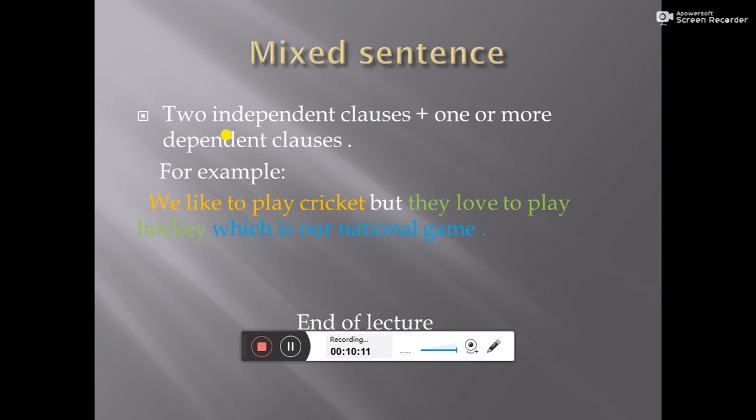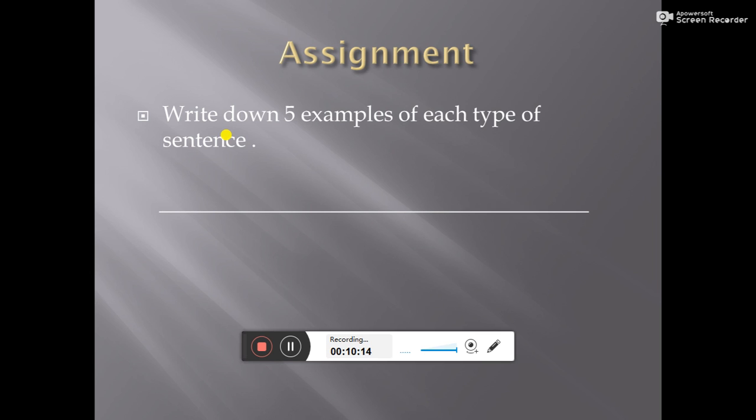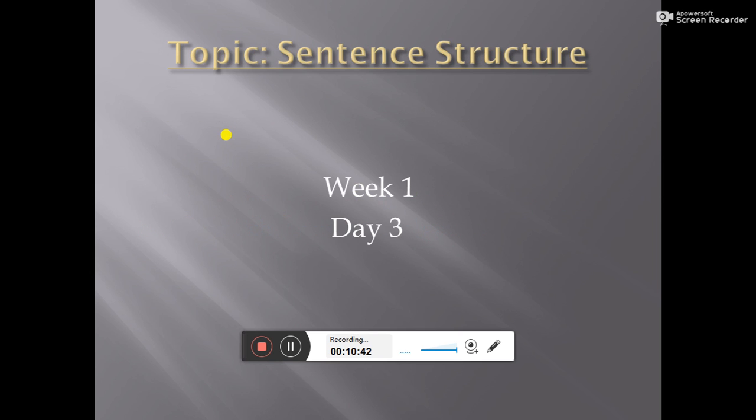After writing, you will compare all the 20 examples, 5 of simple, 5 of compound, 5 of complex, and 5 of mixed sentences. You will make a list of all those examples, also make a comparison of them, and send it to me, and I will check whether you have done it or not. If you haven't understood anything, you can ask me.